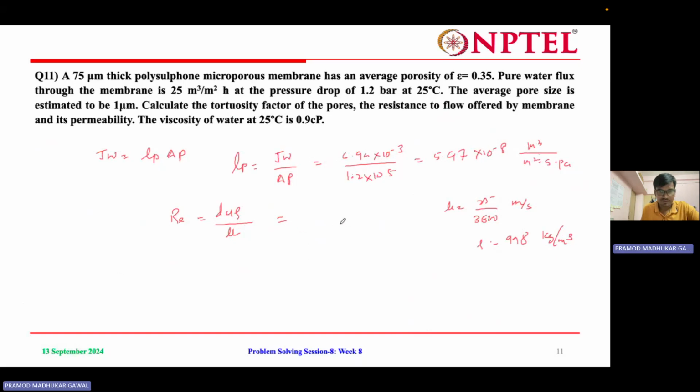So put in these equations: 1 d is 10 to the power minus 6 into 6.94 into 10 to the power minus 3 into density 998 divided by viscosity 9 into 10 to the power minus 4. So 7.73 into 10 to the power minus 3. So flow is laminar.